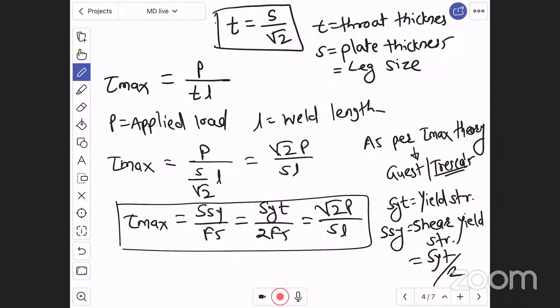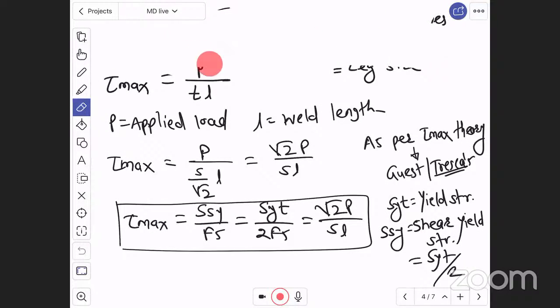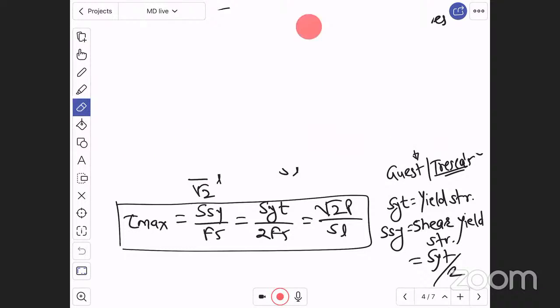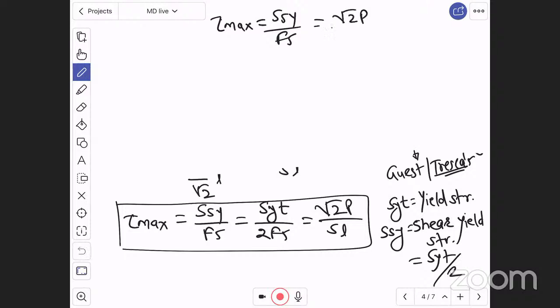Now from this equation, that is maximum shear stress is equal to SSY divided by factor of safety, which is nothing but under root 2P divided by S into L. From this equation we can find P, the load carrying capacity.